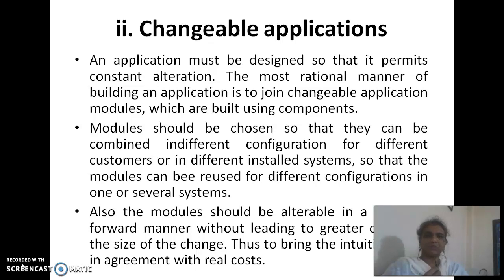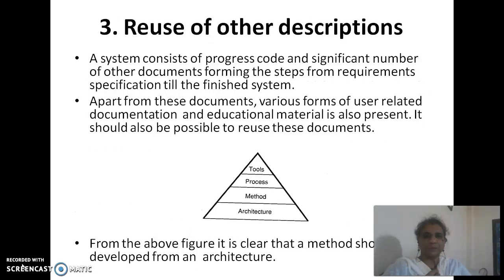Modules should be chosen so that they can be combined in different configurations for different customers and in different installed systems, so that the modules can be reused for different configurations in one or several systems. Also, the modules should be alterable in a straightforward manner without leading to greater cost than the size of the change. Thus, we bring the intuitive costs in agreement with the real costs.